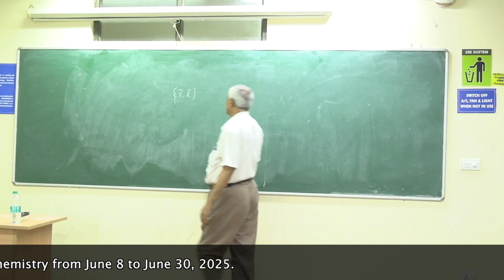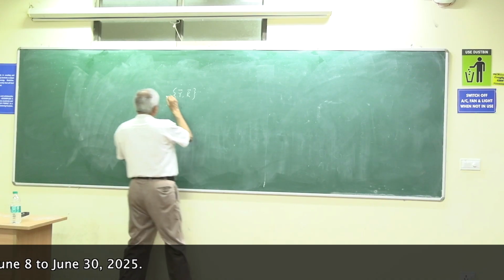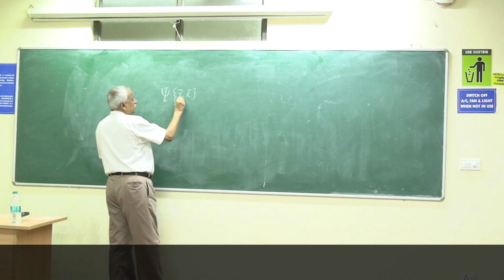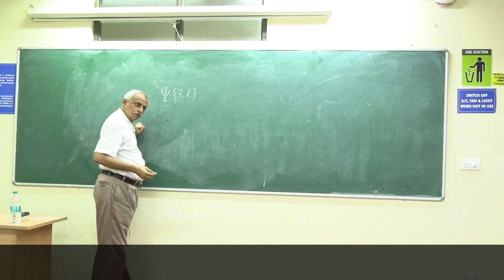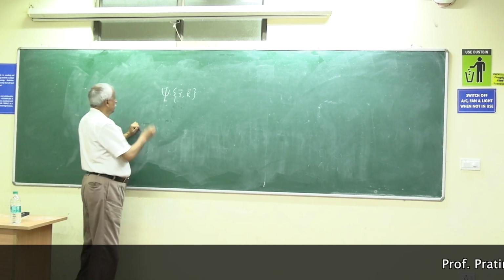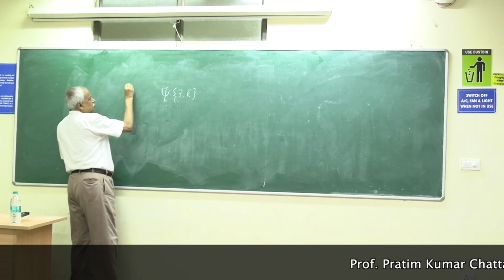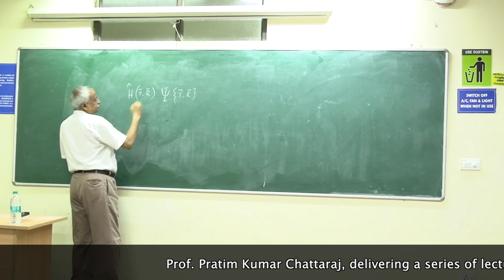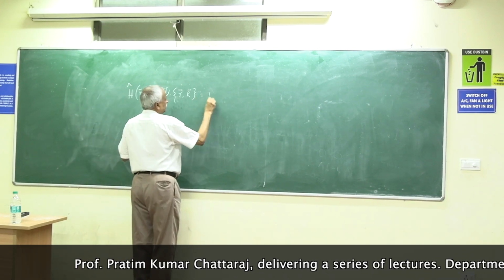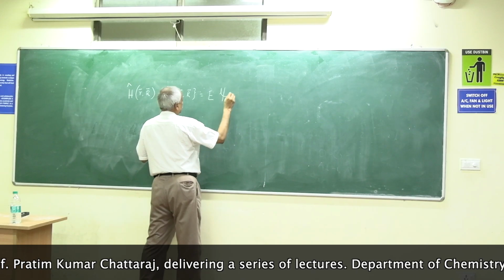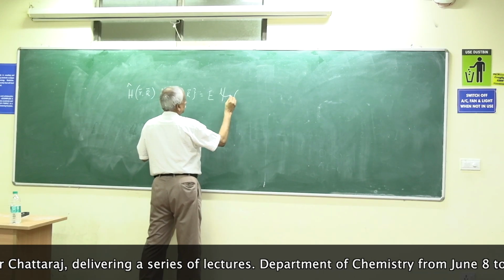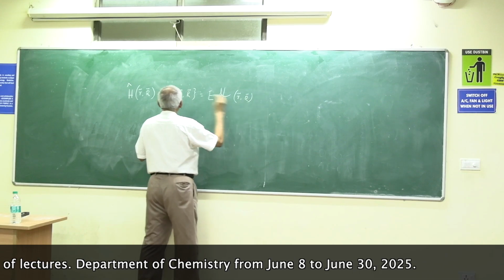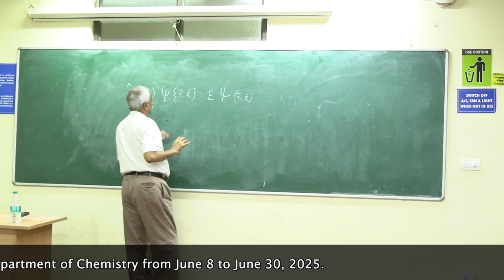So your total wave function will be a function of these two sets of variables. Your Hamiltonian also, and this would be your E. As there is no time, I am writing small psi.